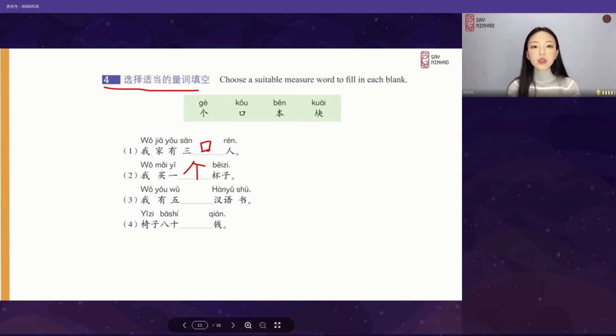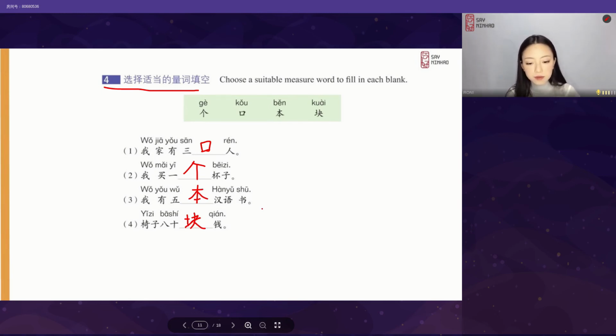Next one, 我有五本汉语书, which is the measure word 本, right? 本, we just learned it today. Last one, 椅子八十块钱. The measure word for money is 块, or yuan. Okay, 块. So these are the answers.